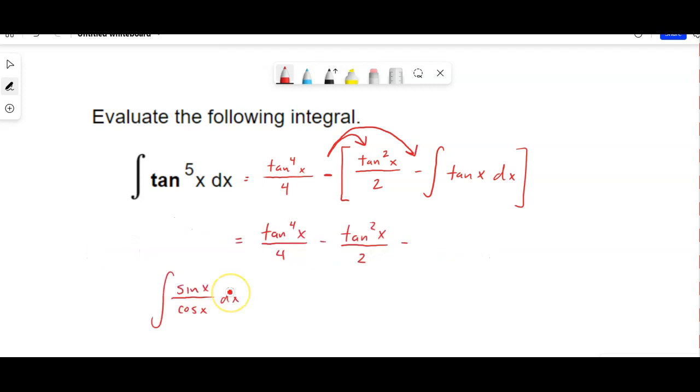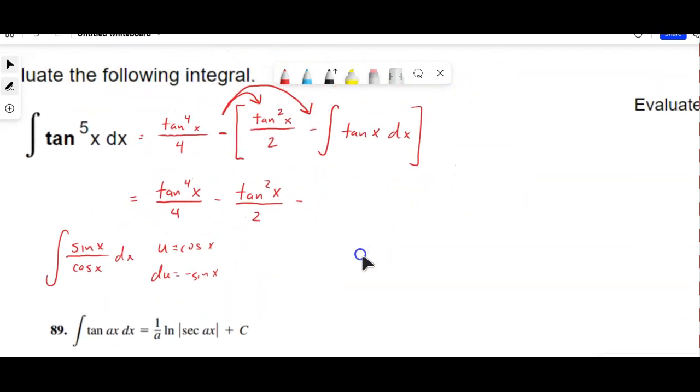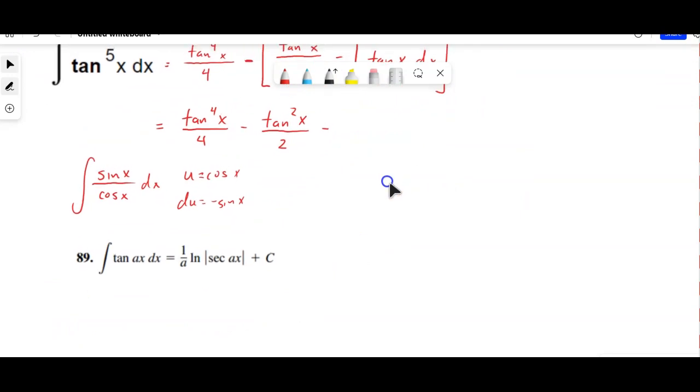Now when you integrate tangent, you typically switch it to sine x over cosine x. You let u be cosine, so du is equal to negative sine x dx. And so you do this with a logarithm. But this is also one of the integrals in the table: the integral of tangent is 1 over a times the log of secant.